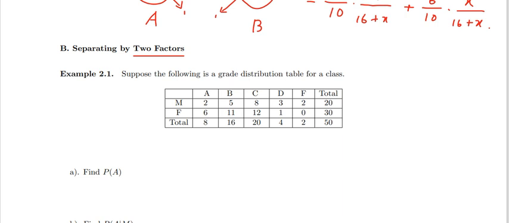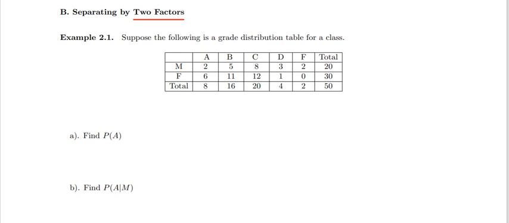Okay. So if we have two factors, then we have the conditional probability. So let's say P(A) is a probability.